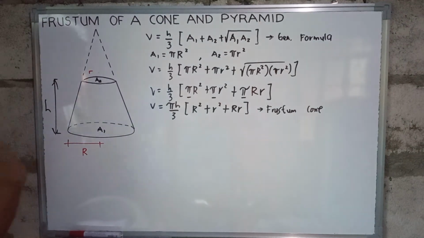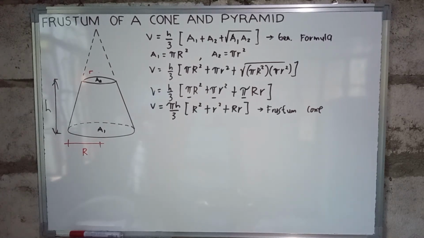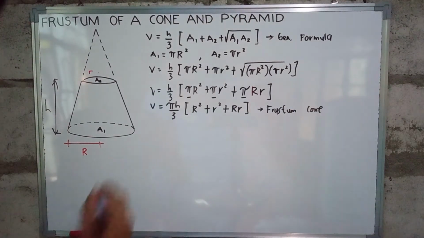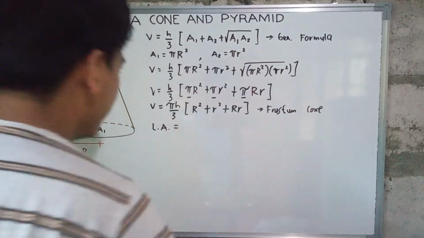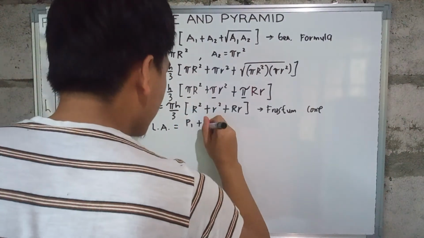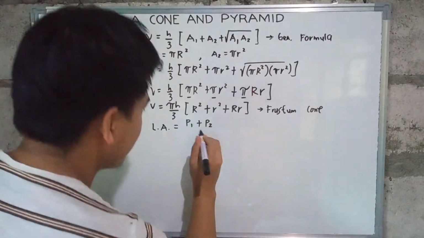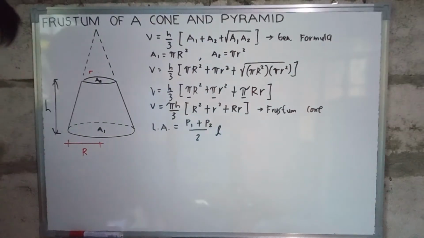So kung natatandaan ninyo yung sinabi ko sa inyong general formula in solving for the lateral area of cone, maa-apply natin siya dito sa frustum. So, going back dun sa discussion natin, lateral area is equals to the average of the perimeter of section 1 and section 2 or the bases all over 2 multiplied by the slant height.